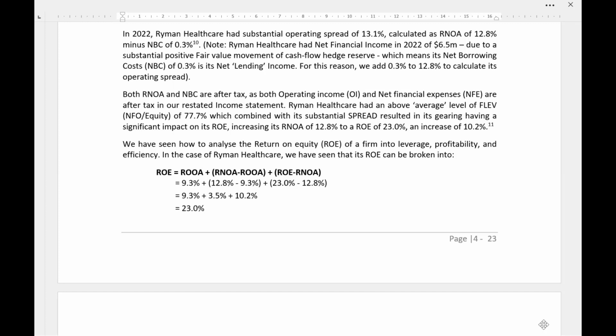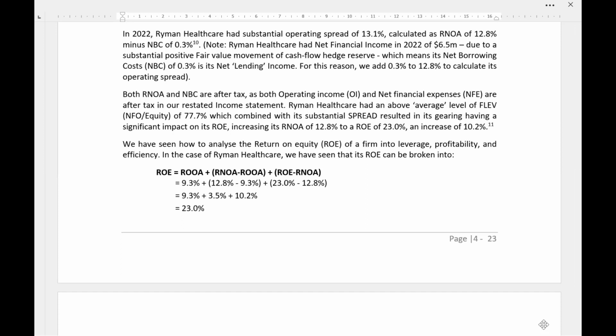In 2022, Ryman Healthcare had substantial operating spread of 13.1%, calculated as return on net operating assets of 12.8% minus net borrowing cost of 0.3%. Note, Ryman Healthcare had net financial income in 2022 of $6.5 million due to a substantial positive fair value movement of cash flow hedge reserve, which means its net borrowing costs, NBC, of 0.3% is its net lending income.